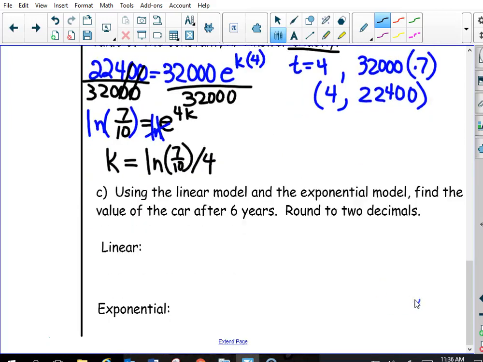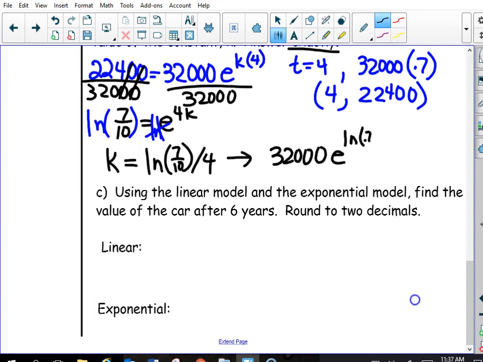And now the last thing they want us to do is use the linear model and the exponential model to find the value of the car after 6 years. Let me just write the equation, though. So my value of the car is going to be 32,000 e to the ln.